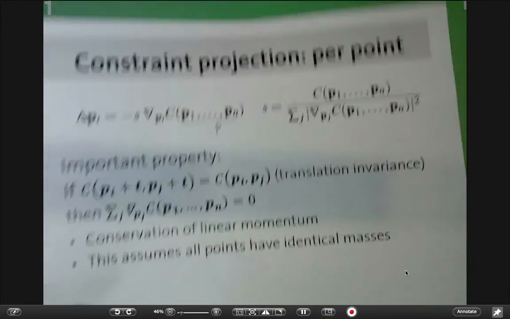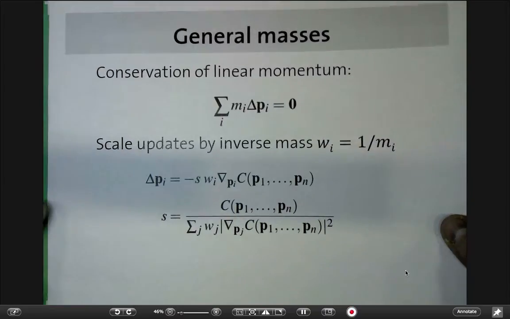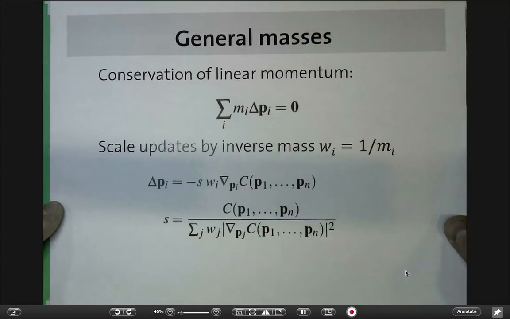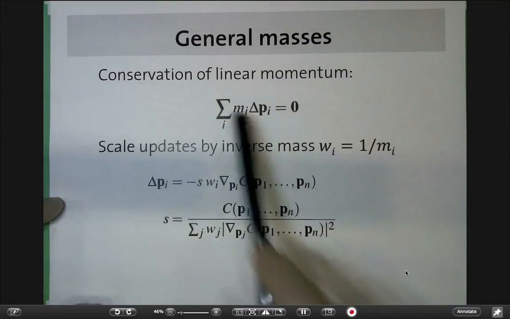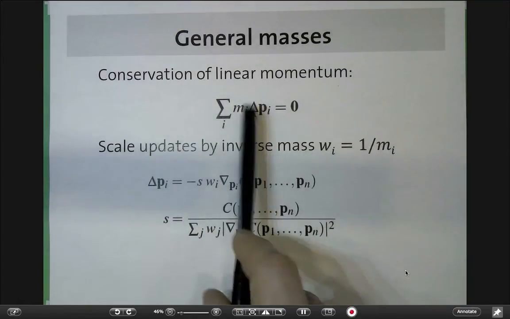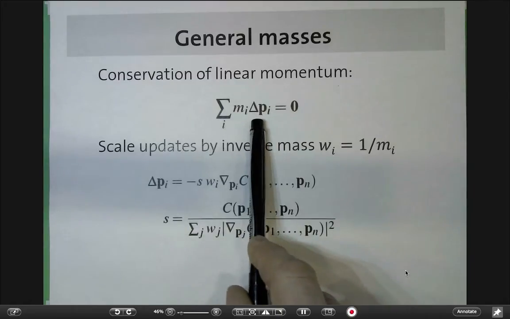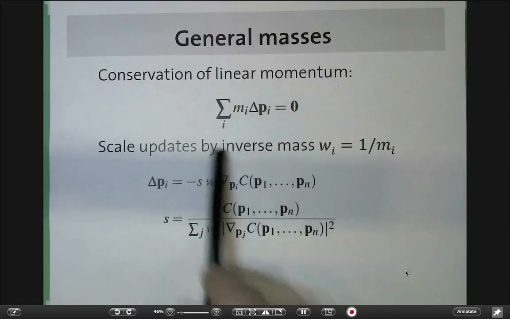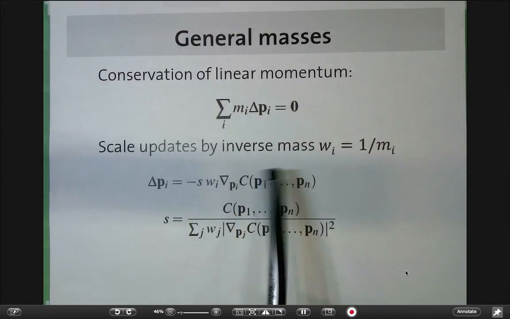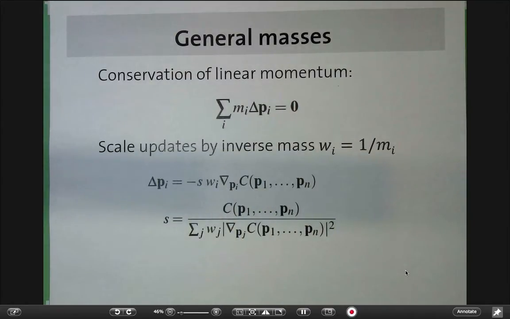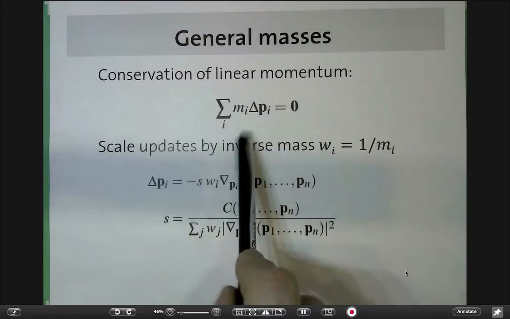And if the particles have a different mass, if particles have individual masses, then the conservation of linear momentum is this, right? We take the displacements of the individual particles, we weight them by the masses, and if the system is not to change its center of mass, then this must be true, right?